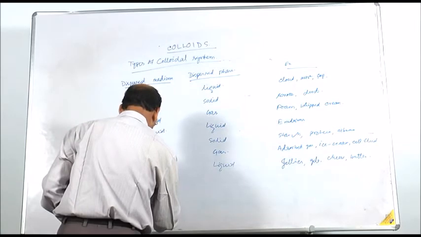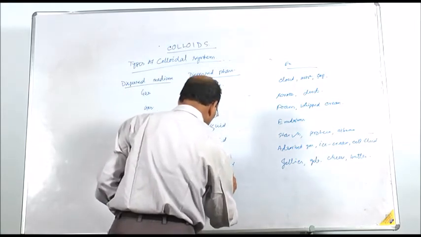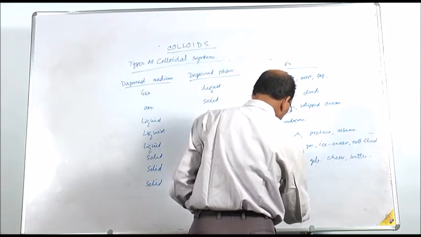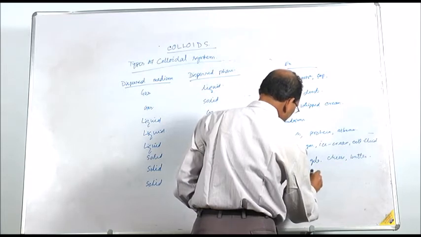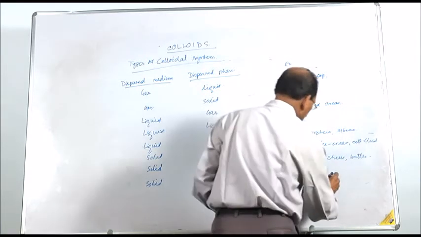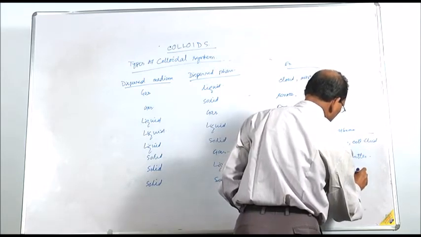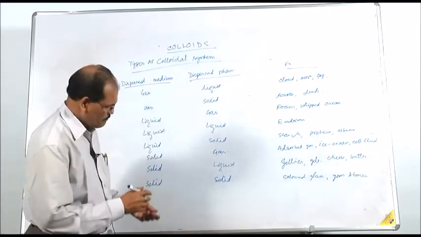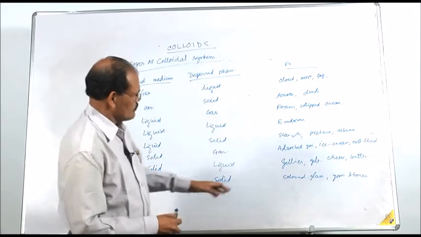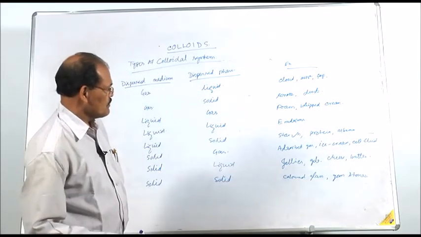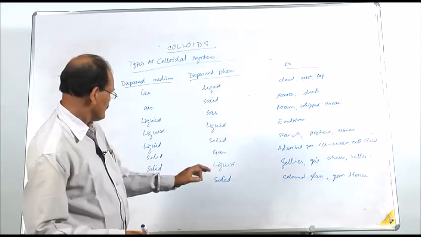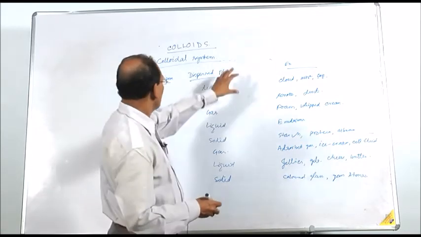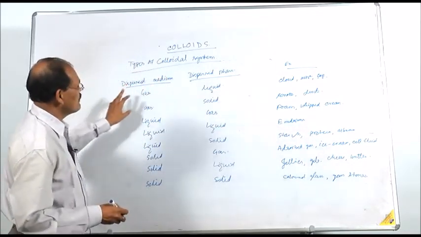Then solid and solid, that is the colored glasses and gemstones. In that case, the stones which are used, like ruby or any other, have some particles present inside the solid. So these are examples of taking different dispersed medium and dispersed phase.